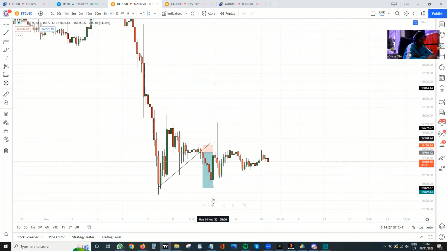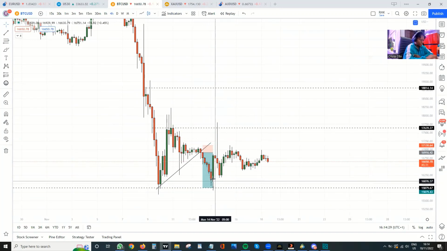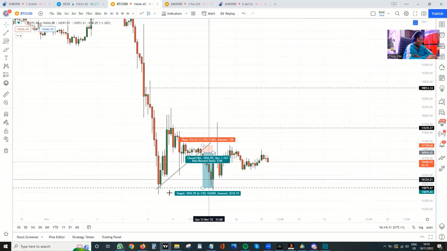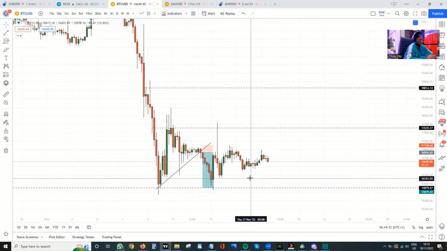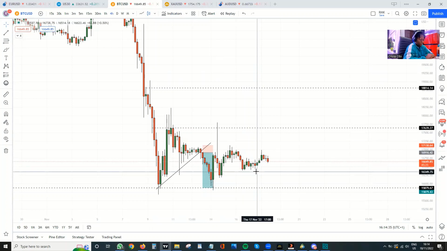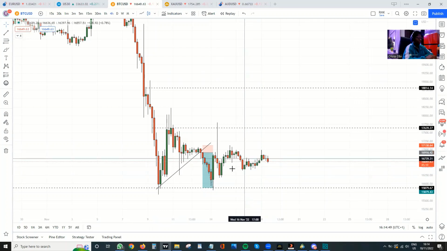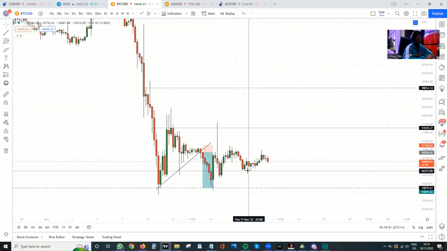When I saw this move, in fact, when I saw it break this one on 4 hour and support, I was tempted to click that buy button, but I remembered my plans. I always remember my plans in my journal, so I don't take impulsive trades. I trade only things that I have been planning. So even if it doesn't work out, I'll be happy that yes, I traded what I planned.